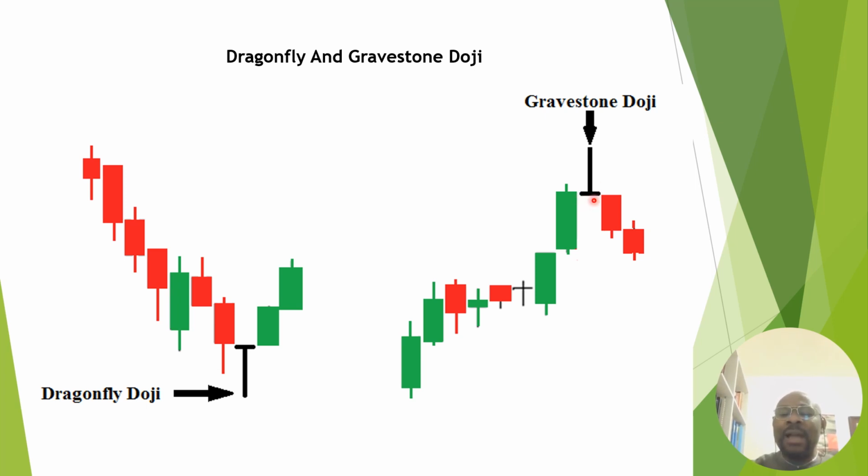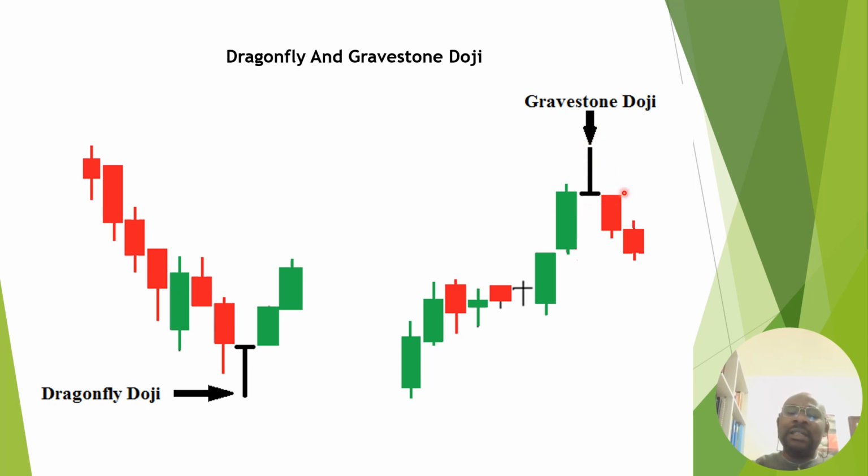Then the buyers pushed the price up to this level. Before this candle closed, sellers came and returned the price back down to this side. And you now see that the candle closed almost at the same level where it started from.